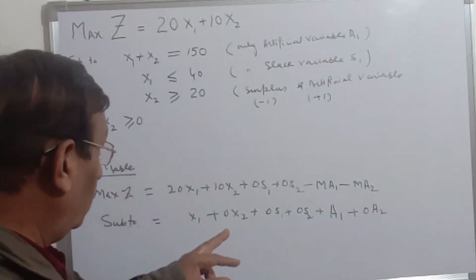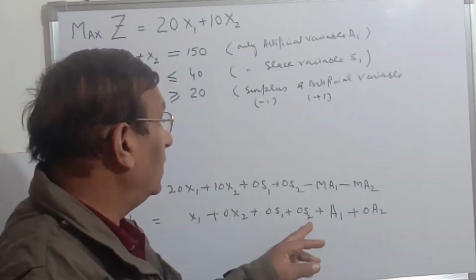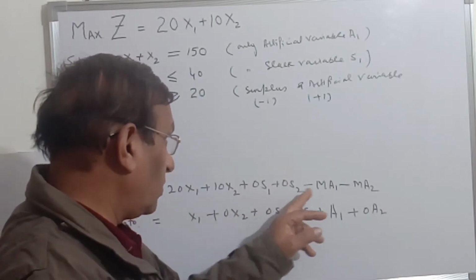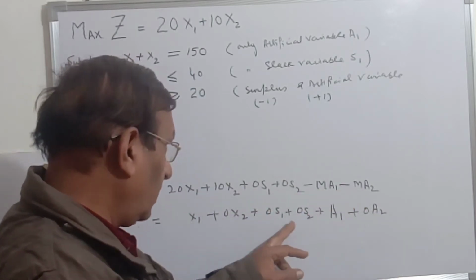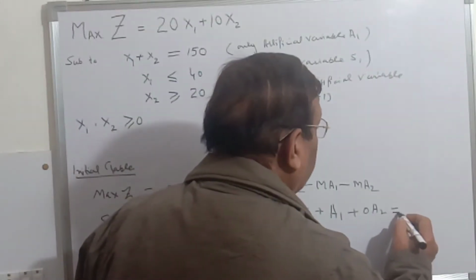Only a1, you see this equation. Others are 0 for the sake of symmetry, as in the objective function s1, s2, a1, a2, and this is equal to 150.